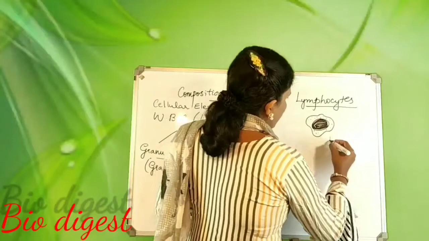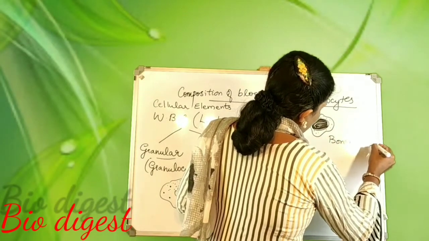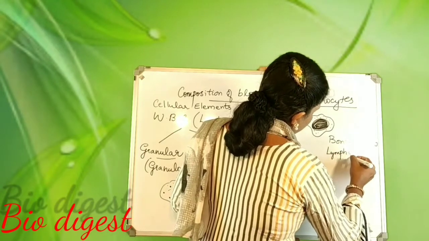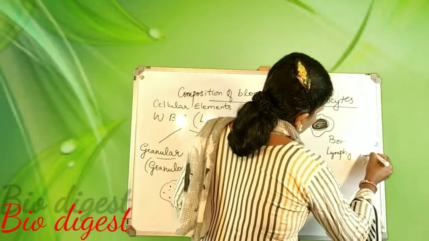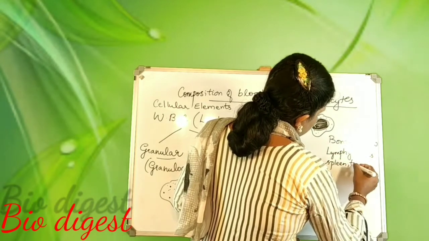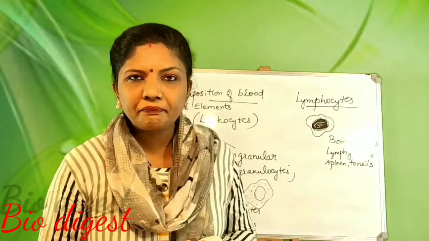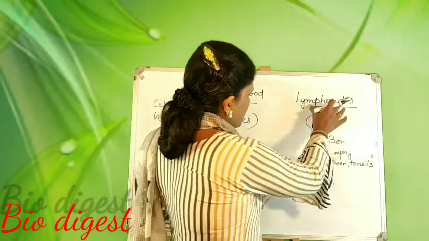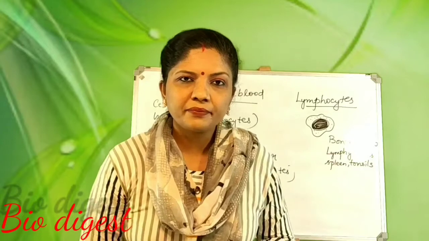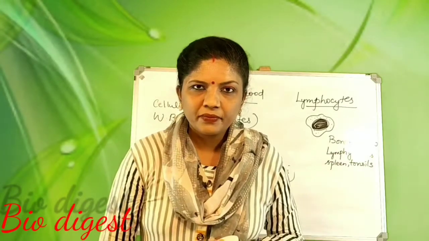Lymphocytes are actually produced again in the bone marrow as well as in the lymph glands like spleen, tonsils, etc. Okay, so lymphocytes, they are the smallest of the WBCs with a single large nucleus.